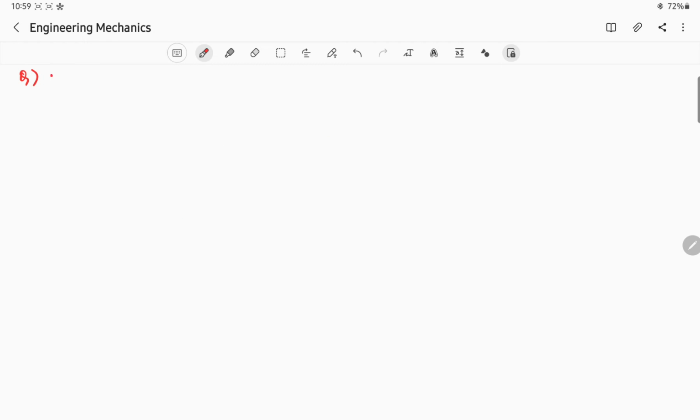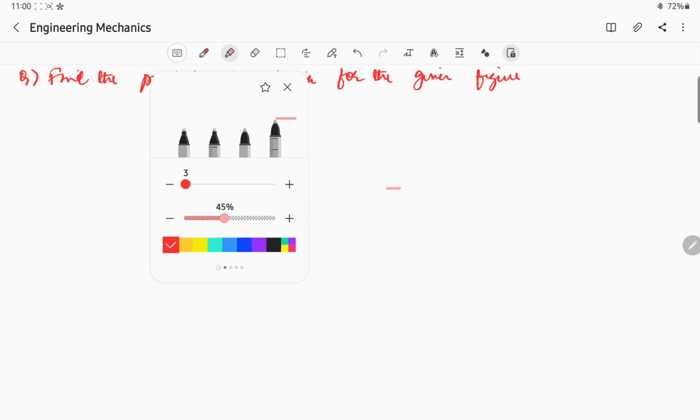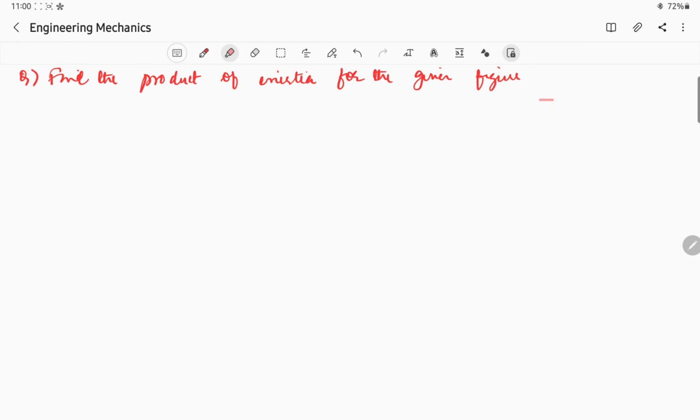So the question is, find the product of inertia for the given figure. The figure is given in the question, that is we have an L section here.